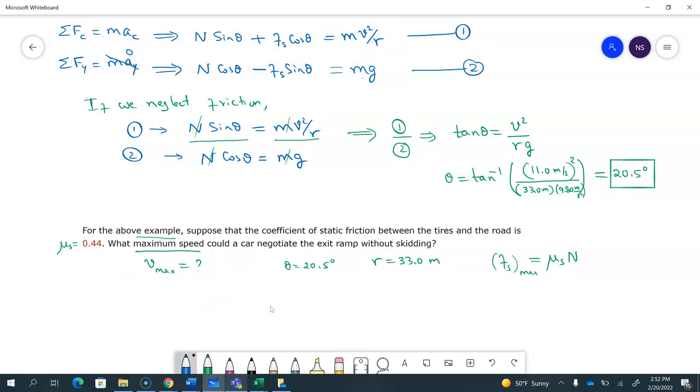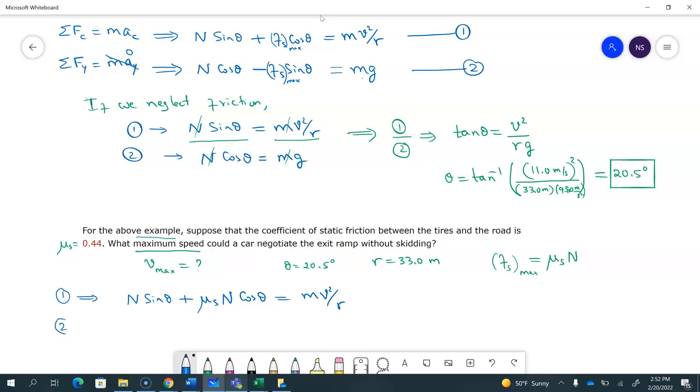So equation 1 will give me n sine theta plus Fs max, right? So what I'm doing here for this part is I'm taking Fs to be Fs max, so plus Fs max, which is mu s times the normal force times cosine theta, is equal to mv squared over r, right?